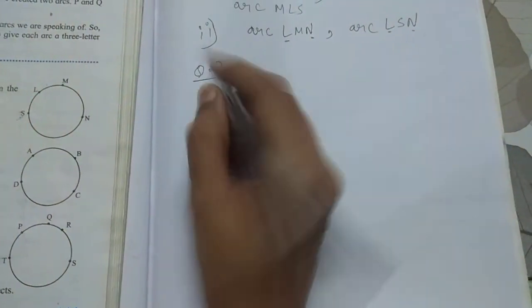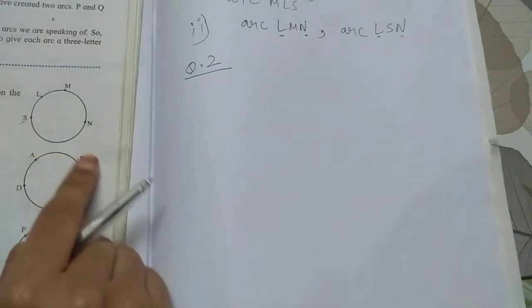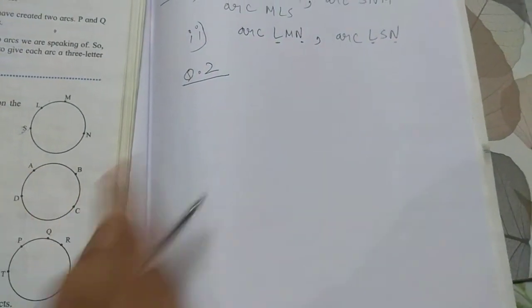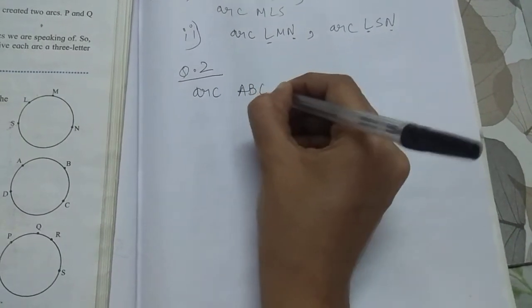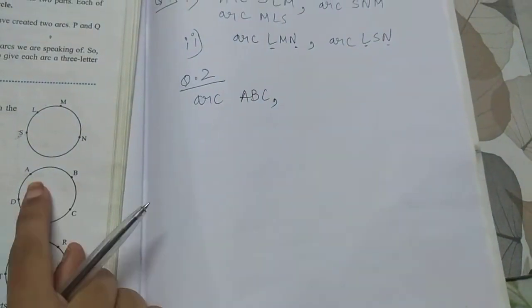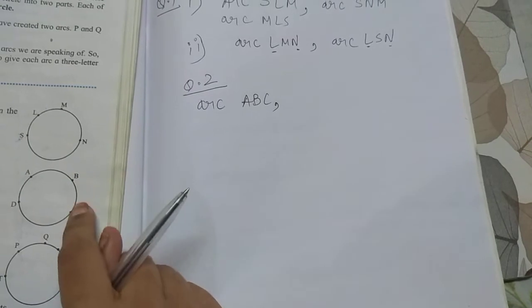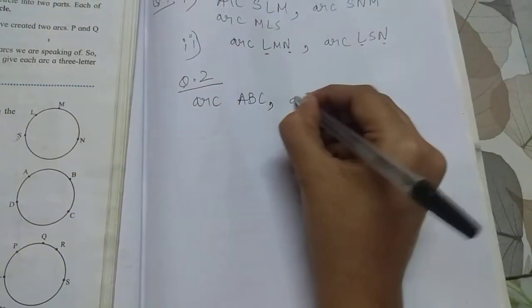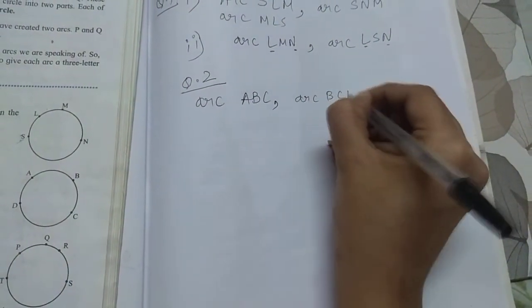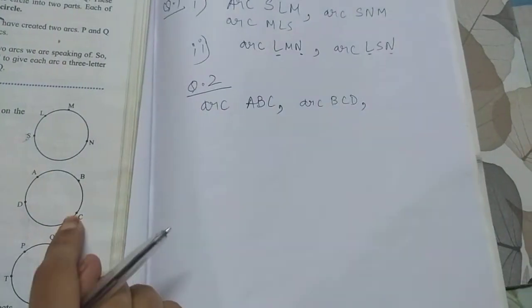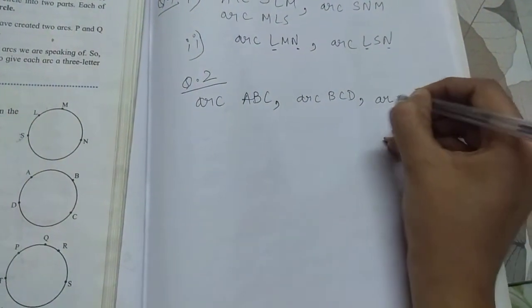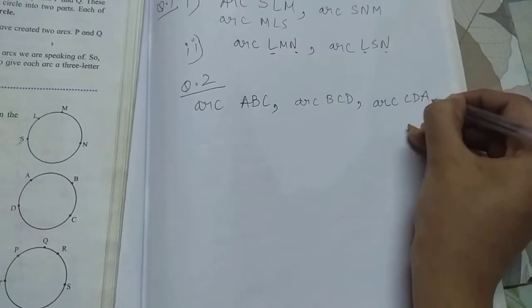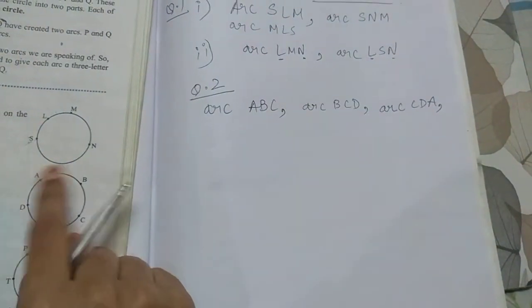I will be starting with A, arc ABC, then I'll switch to B, arc BCD, then I'll switch to C, arc CDA, then I'll switch to D, arc DAB.